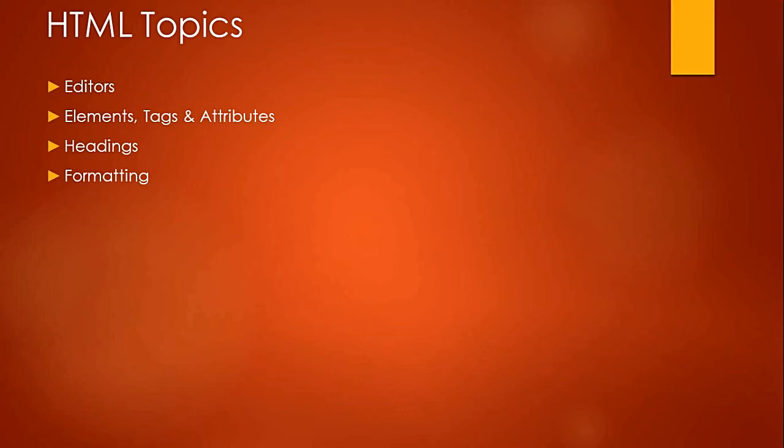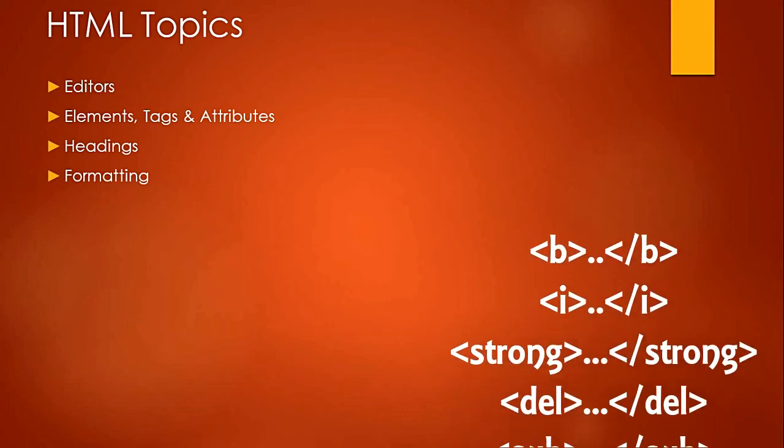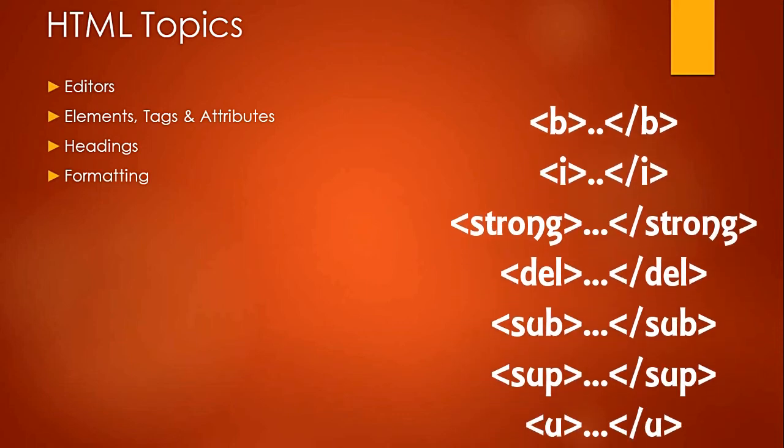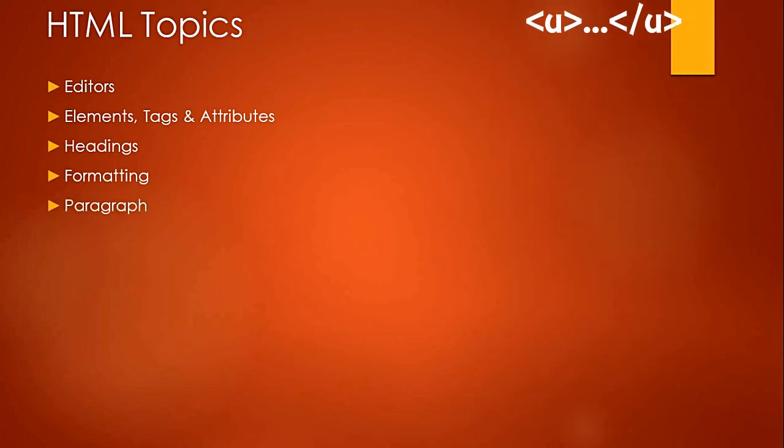Some of the formatting tags are the b tag, strong tag, i tag, small tag, delete, subscript and superscript, or underline. Paragraph. The P tag is used to define a paragraph in a web page. An HTML P tag indicates the starting of a new paragraph.